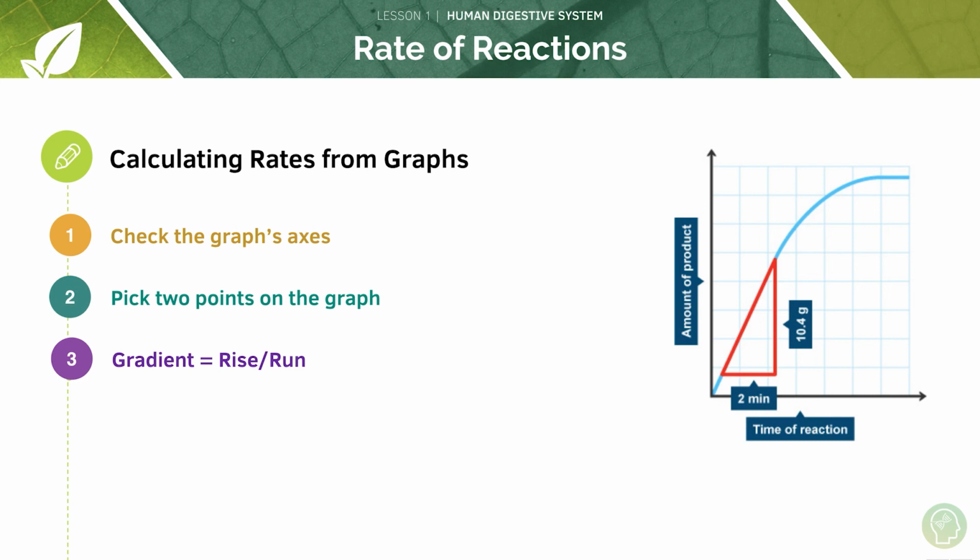So this is your rise over your run. So that's your simple gradient equation here. And you're just going to divide your rise by your run.